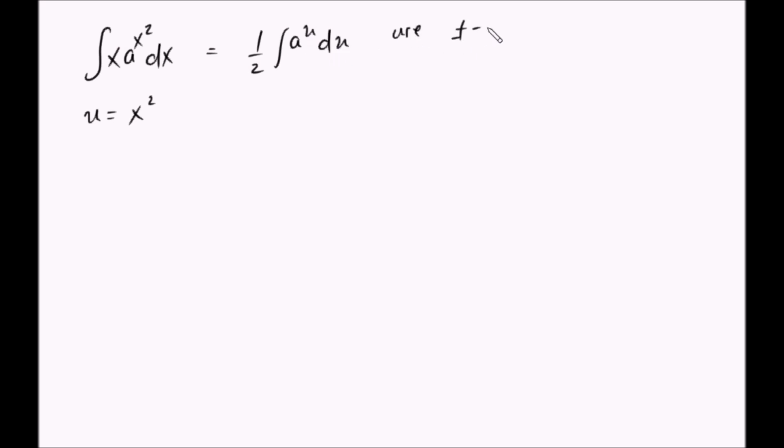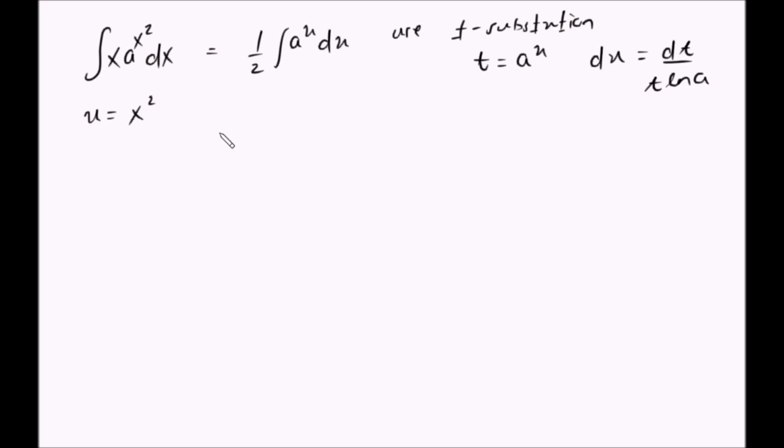So the question told us to integrate this, x squared dx. We said u is equal to x squared, and we saw this becomes 1 over 2 a to the power u du. Then we said we use t substitution, where we said t is a to the power u, so du will be dt over t ln a.